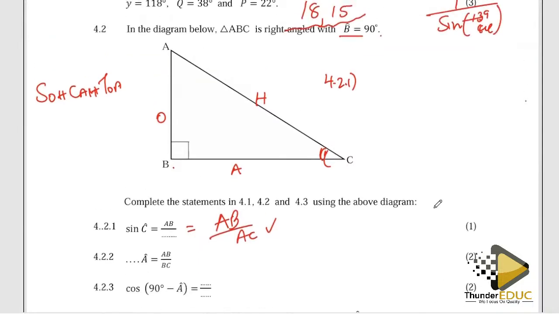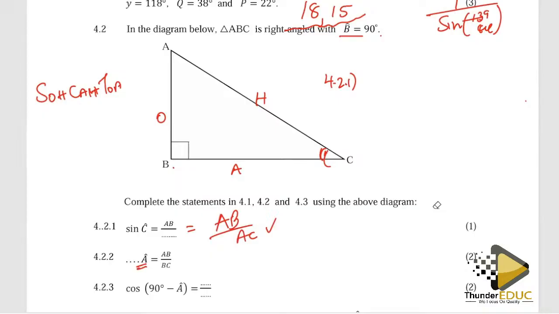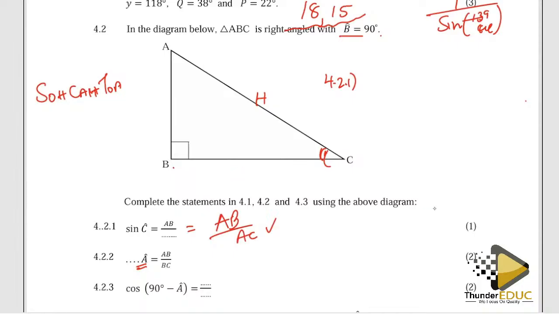And then which ratio combines, before we talk of the ratio, they gave us the angle. They are focusing on angle A. So if the focus is on angle A, then the sides will also switch. This becomes the opposite, this becomes the adjacent when you're talking about A. Now with A, which side gives us AB over BC?